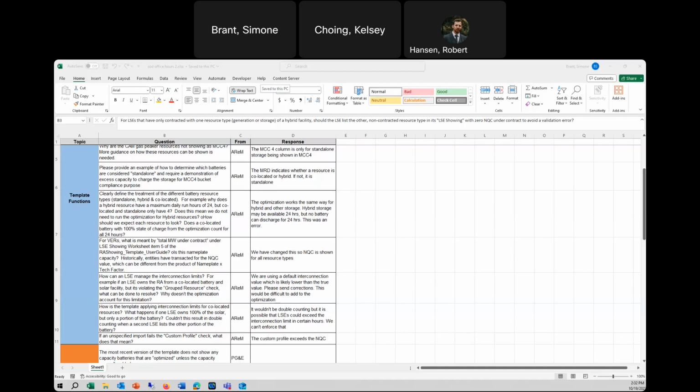Shown amounts for the hours in question when the grouped capacity exceeds the interconnection limit. Okay. I think I'll have to go back and look at the template a little bit more to play around with it, but I think I've got a little better understanding of what's going on. So thank you.